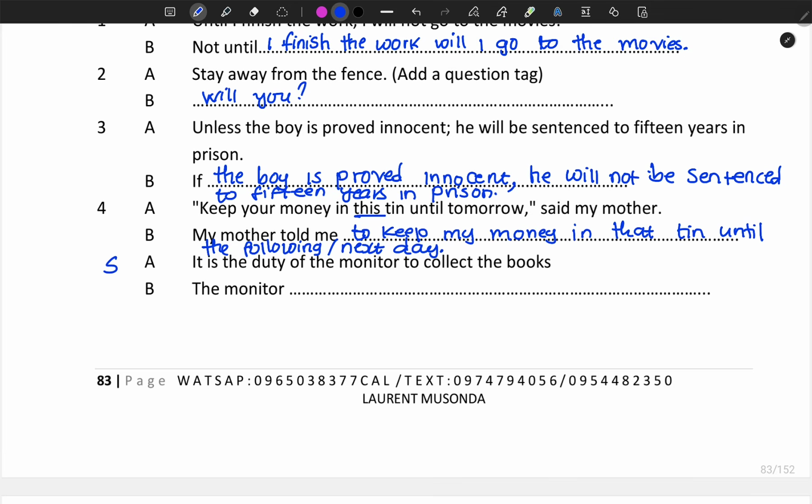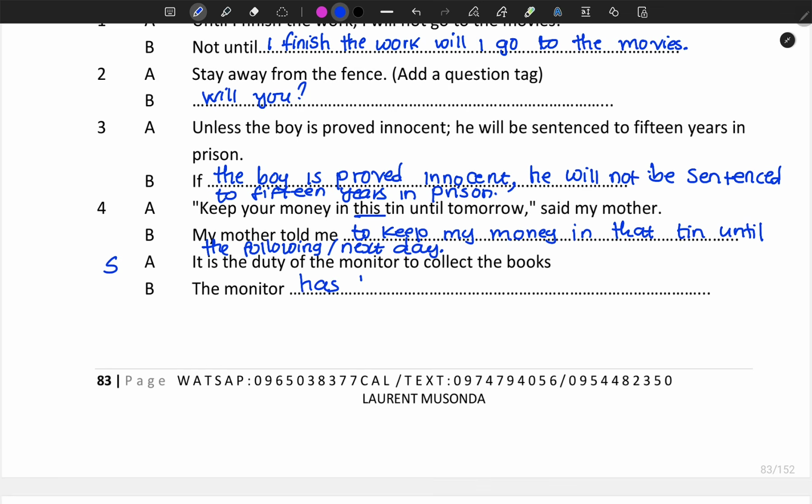Question 5a. It is the duty of the monitor to collect the books. Then the question B, begin. The monitor has the duty. So has the duty of collecting books.